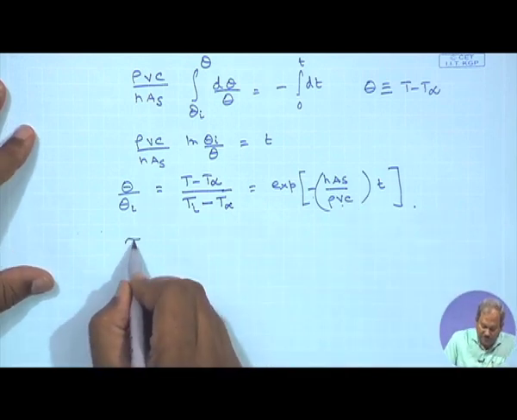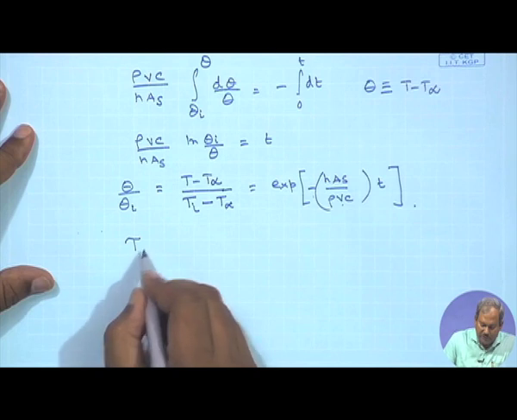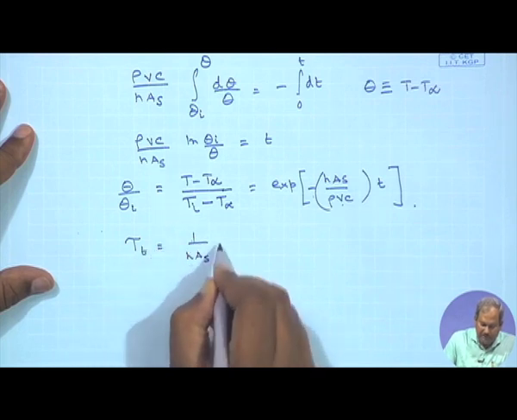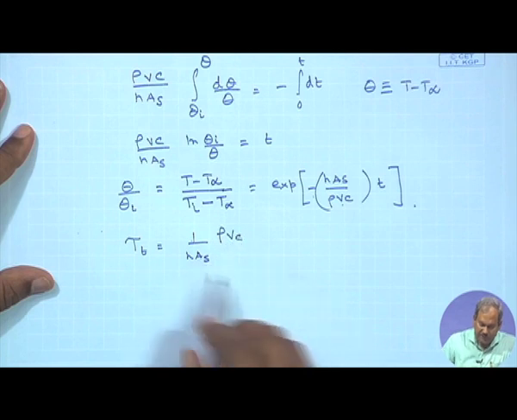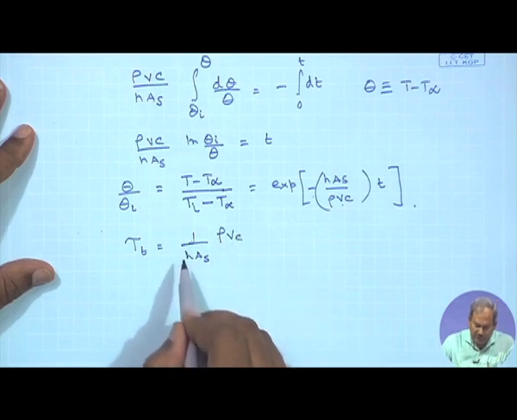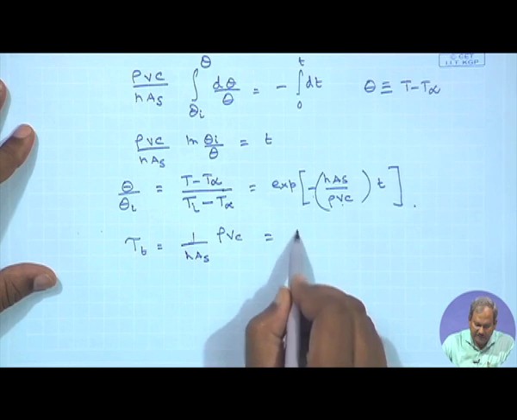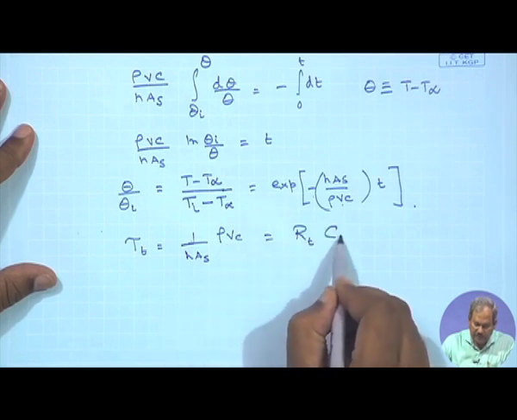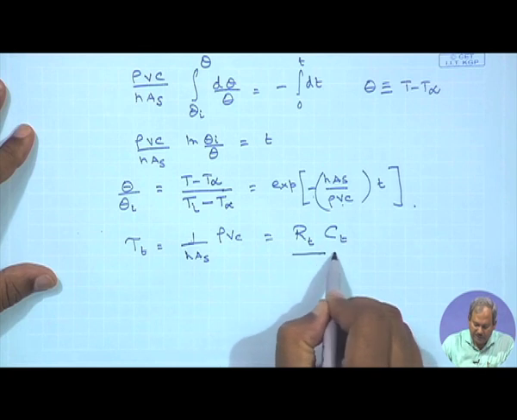So the time constant of the process can be written as 1 by h A_s times rho V C, and as I mentioned before, 1 by h A_s is the resistance due to convection, and rho V C is a sort of thermal capacitance of the system.